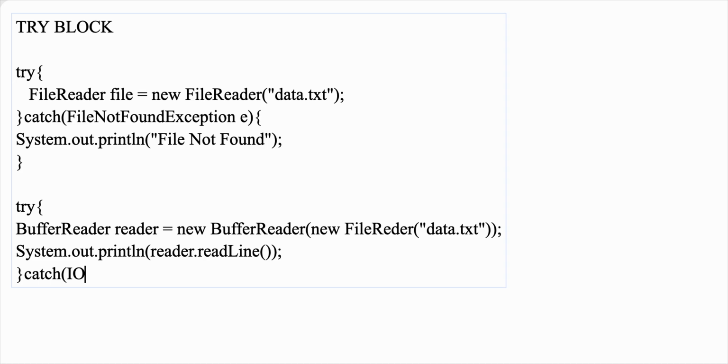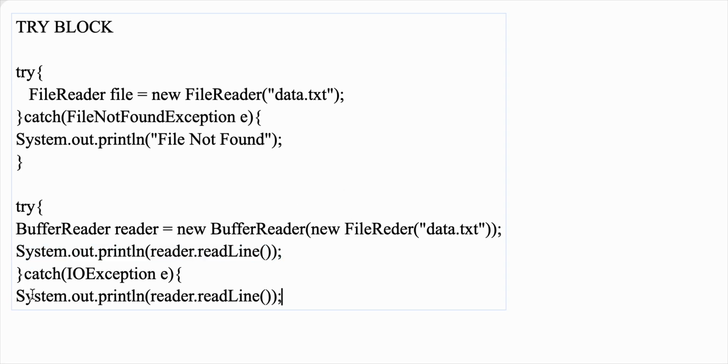In the catch block we need to add IOException e. Here we need to print that the file operation failed. Then here we need to add the finally.